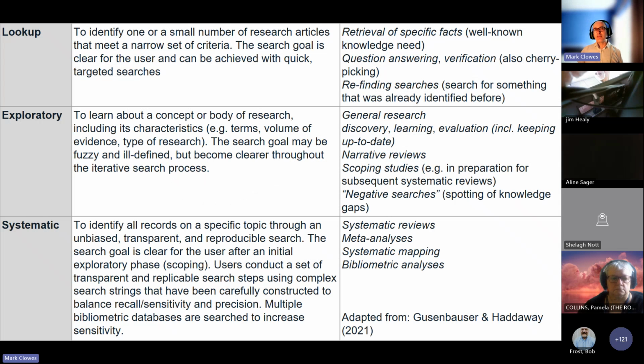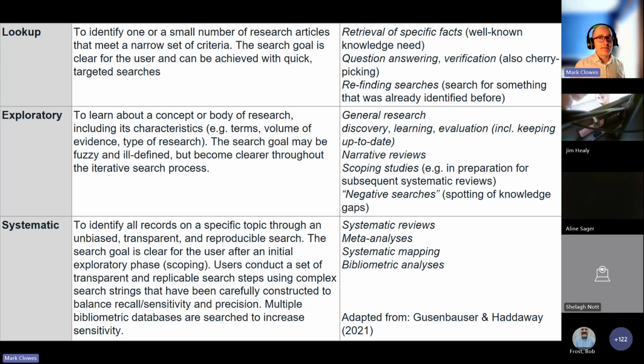So the most basic kind of search is the lookup search. And this might be looking for a handful of articles that meet a very narrow set of criteria. It might be that you're looking up a specific fact, something you already know or half know and just want to check. It might be that you want to answer a very specific question, such as when was this treatment introduced?